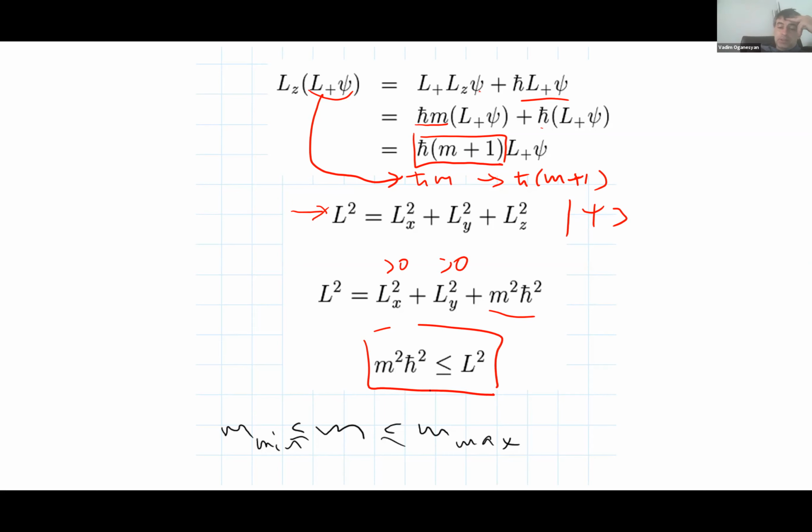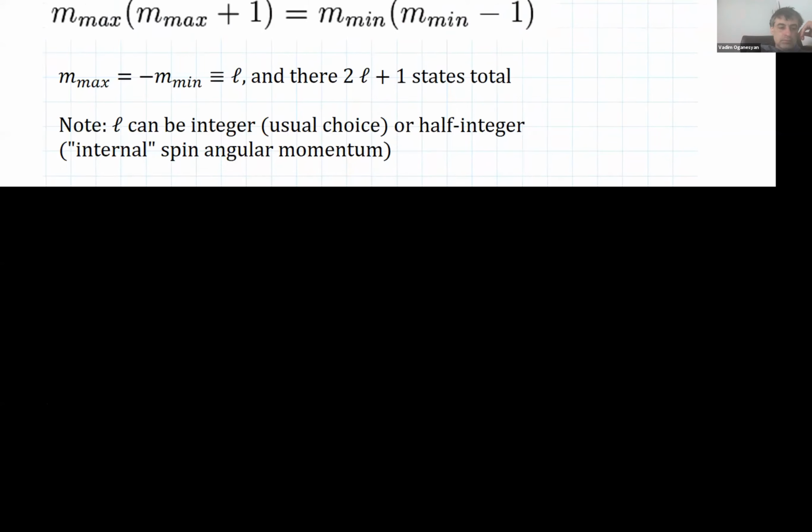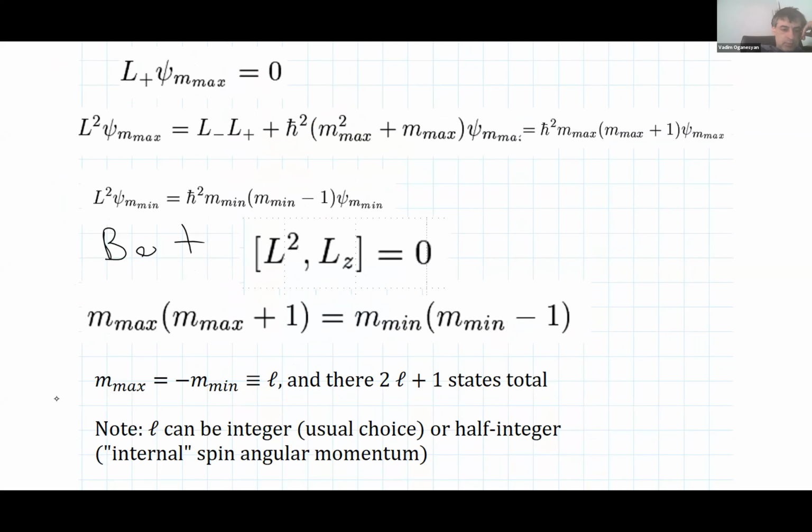And that tells you that whatever the maximum and minimum values of m are, if L squared is a bounded operator, m has to be bounded. m cannot be infinite.